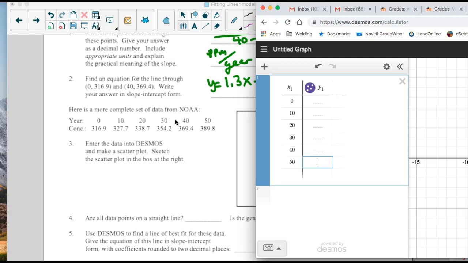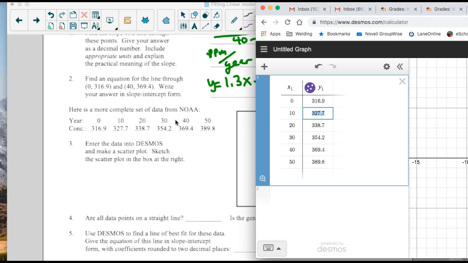And the y for 50 is 389.8. 40 is 369.4. 30 is 354.2. 20 is 338.7. 10 is 327.7. And 0 is 316.9. So let's just double check, make sure we have all the right data points in there.